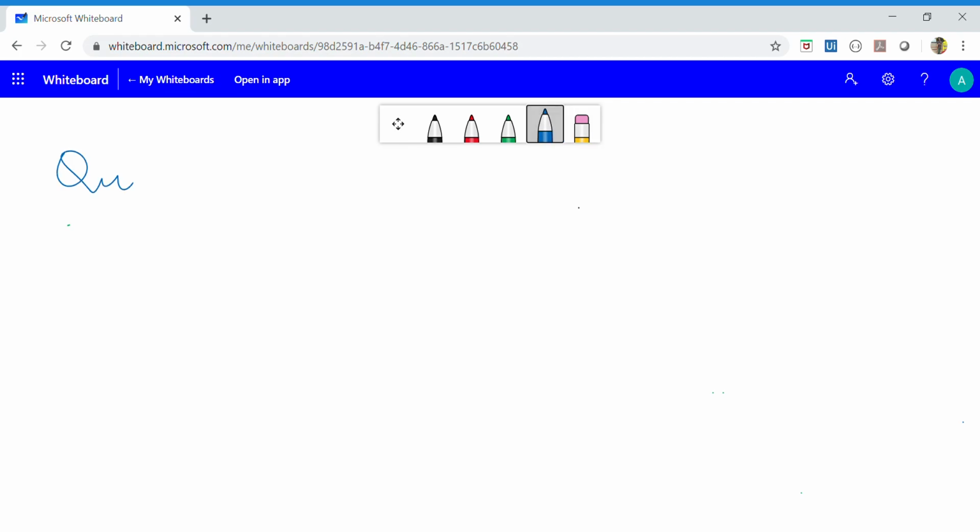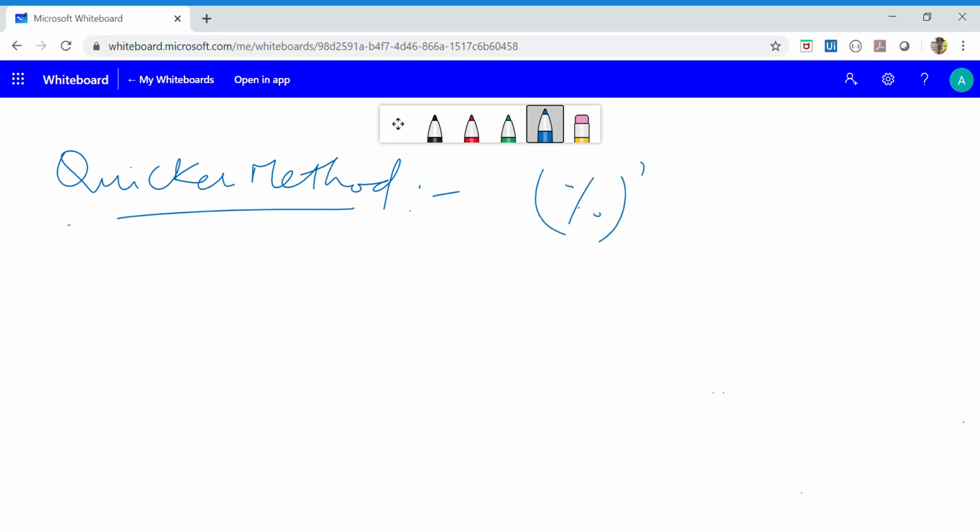In the quicker method, what is the formula? Percentage square by 100. The question is: the population of a town is increased by 15% in the first year and decreased by 15% in the next year. Consecutive years, one increase and then a decrease of the same percentage.